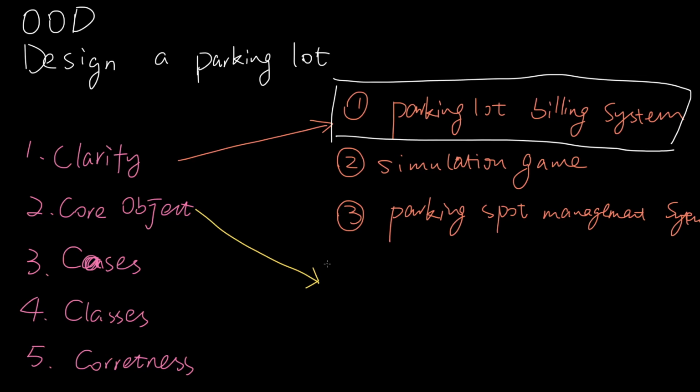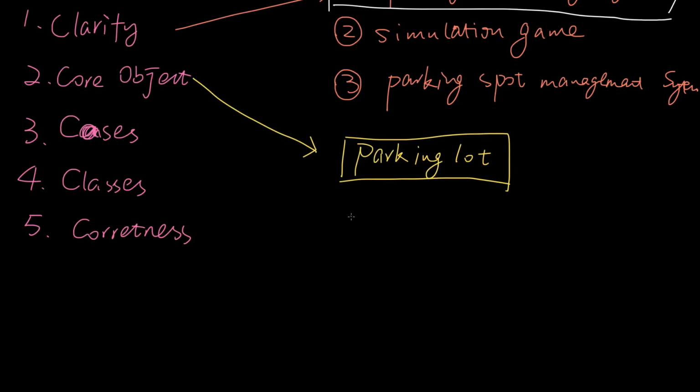When we're talking about the core objects for object-oriented design, you will try to find some of the nouns in the sentences. So here, the parking lot will definitely be a core object because we will do a lot of things with it. And also, we need to deal with the tickets.